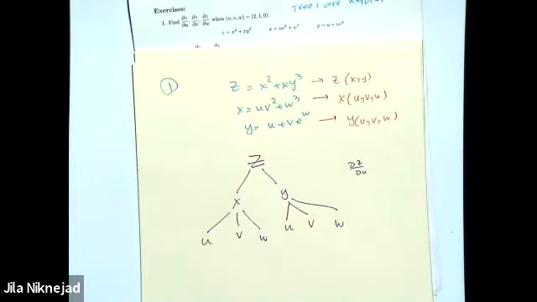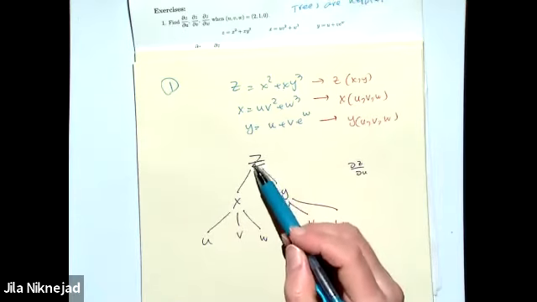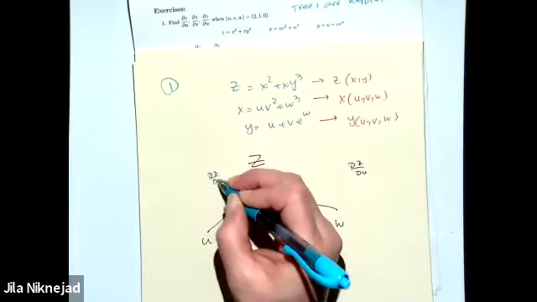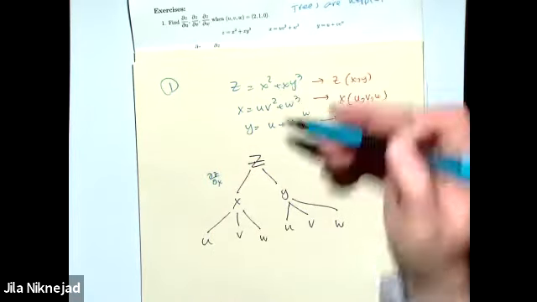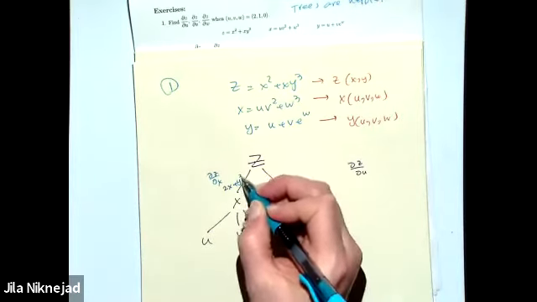Now, it seems like one of the nicest ways of dealing with this is, if I'm going from z to x, I have to find the partial of z with respect to x. So I find that over here. That is 2x plus y to the third.